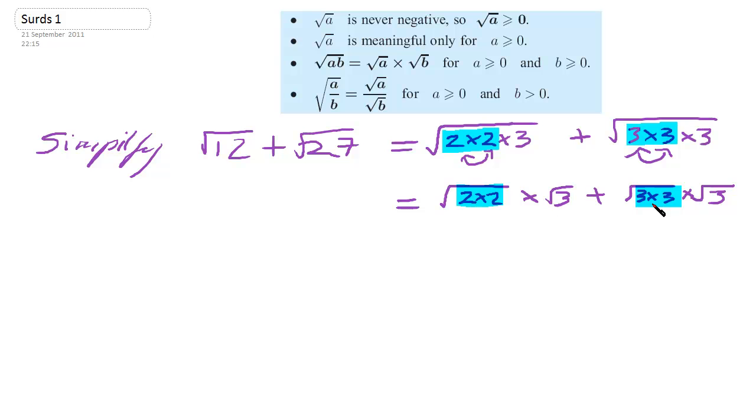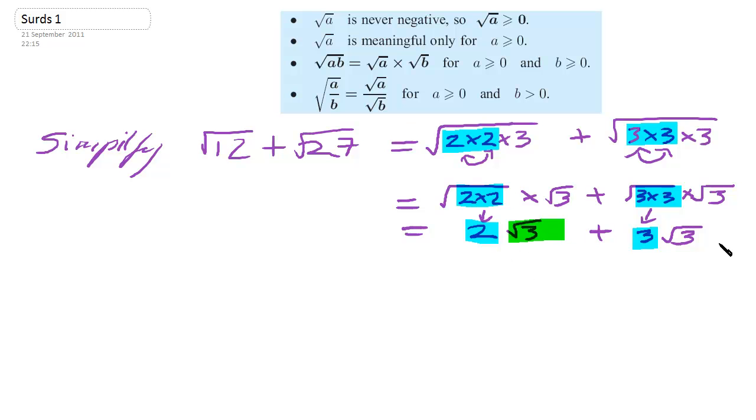Do that each time, because effectively you've got 4, square root of 4 is 2, 9, square root of 9 is 3. So that gives you 2 lots of root 3, because that gives you this. And you've got times root 3 plus, now this will go to 3 times the square root of 3. So just highlight that so we can see how things are changing. So this becomes 2 and this becomes 3. Now effectively we have a common factor.